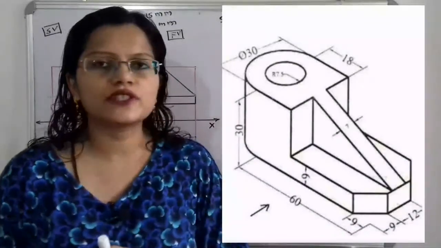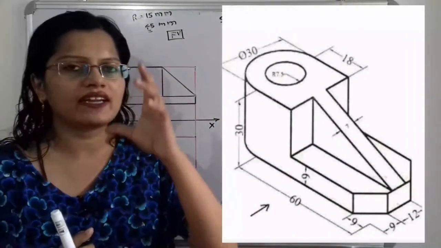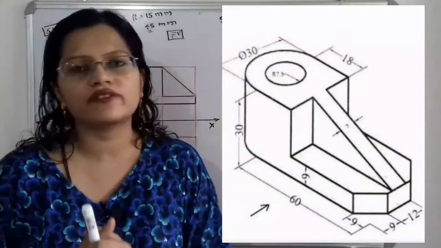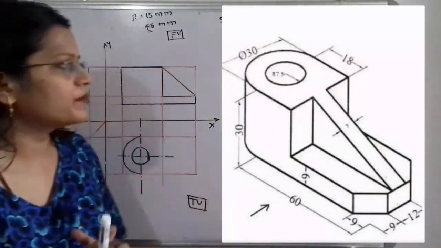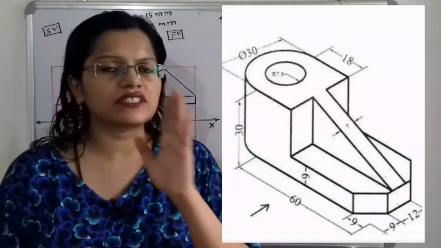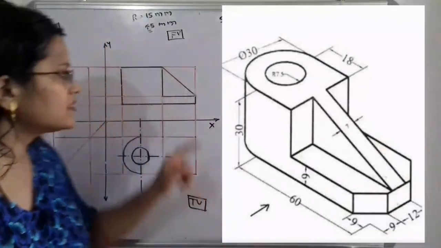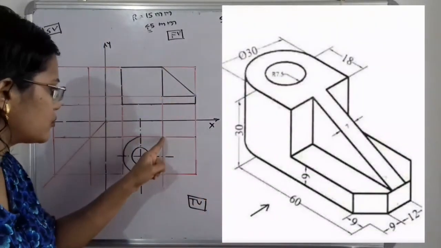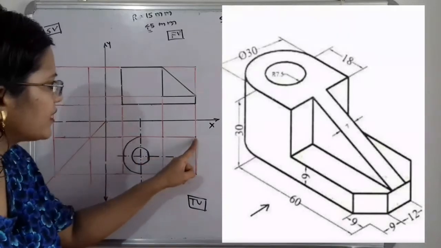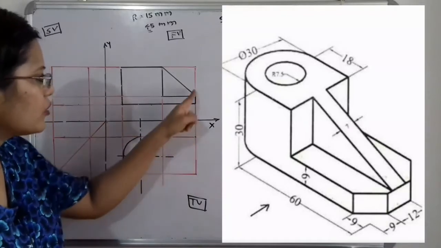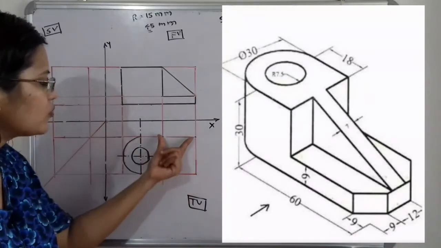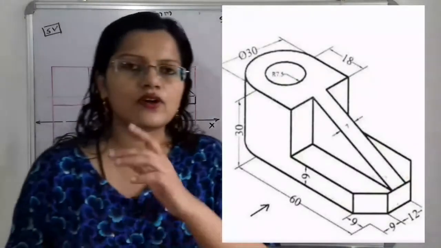If we observe this object from the top, we can clearly see the rib of the slope. For this rib of the slope, we will first decide the start and end point. The start point is here, and here is the projection. So this point is the start point and this point is the end point. If we project these 2 points, they are the start and end points along the length.